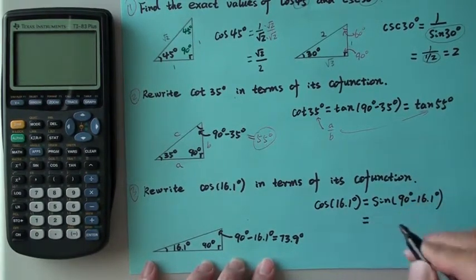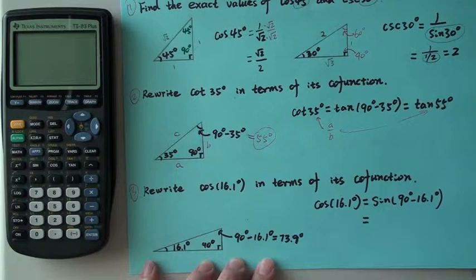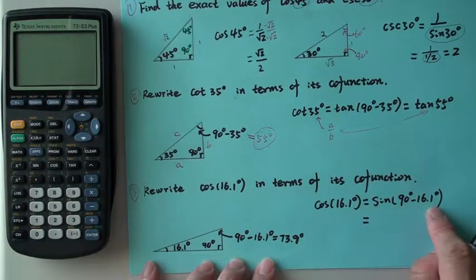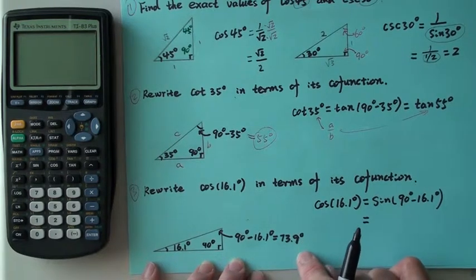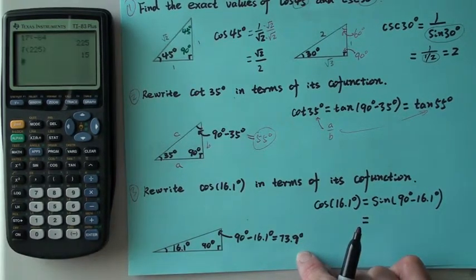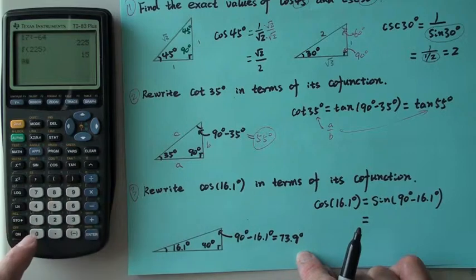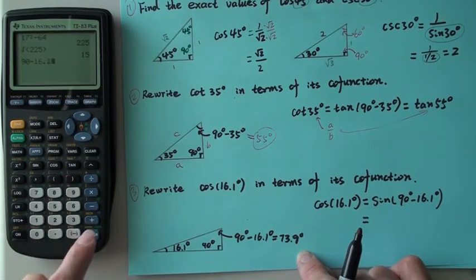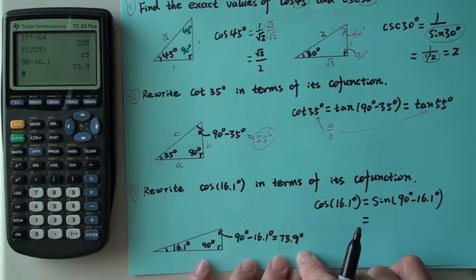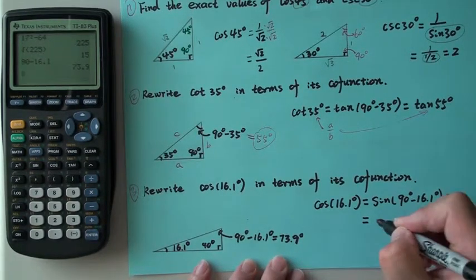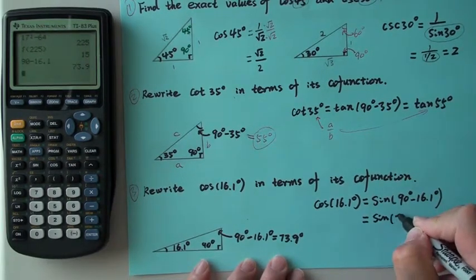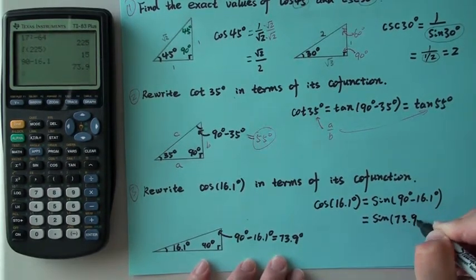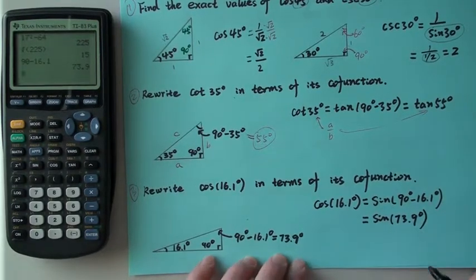And we know 90 minus 16.1 is right here, 73.9 degrees. You may also use your calculator. 90 minus 16.1 is 73.9 degrees.